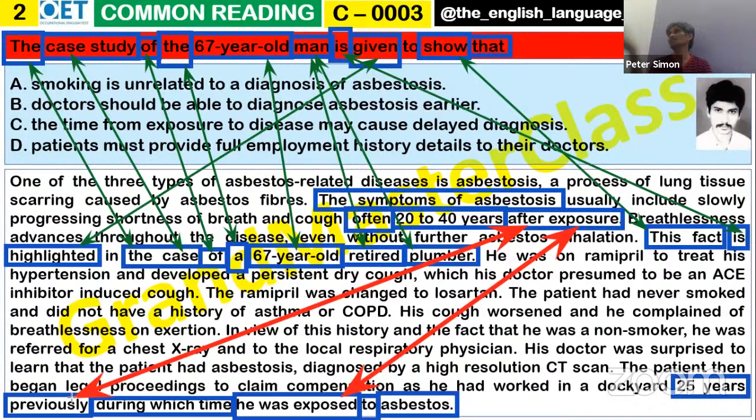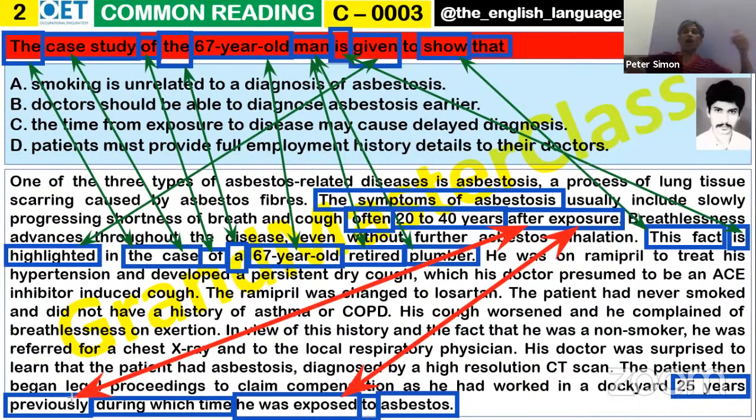Sometimes it may be less, sometimes more, but often 20 to 40 years. Exposed to asbestos and showing the signs and symptoms, shortness of breath and cough, takes 20 to 40 years.